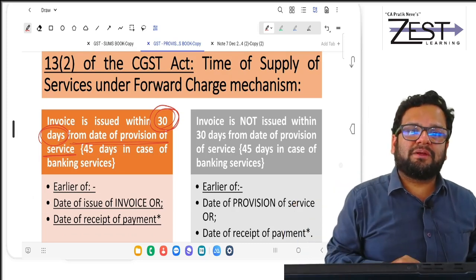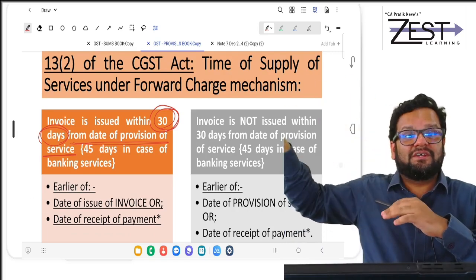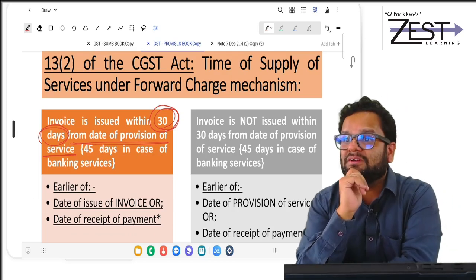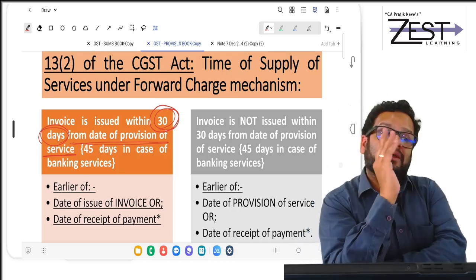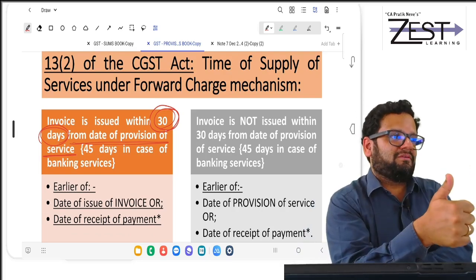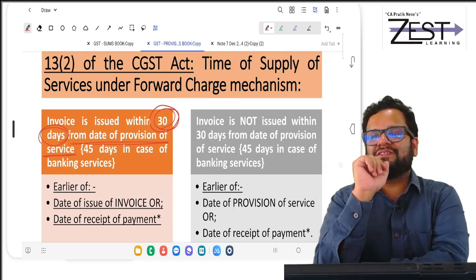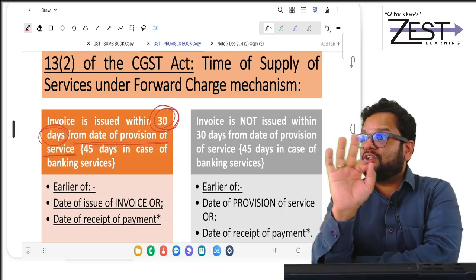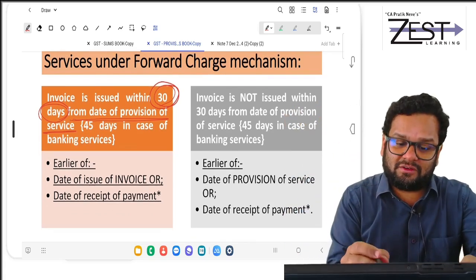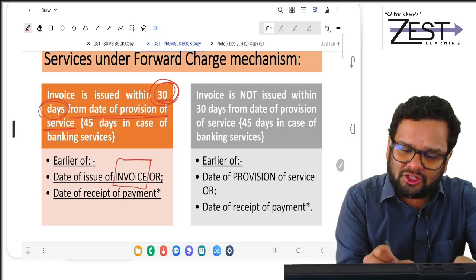So what is time of supply? Date of provision of service, if you don't make invoice within 30 days. If you make within 30 days, then government says good, you are abiding with the law. So time of supply will be date of invoice. Whichever case it is, if you make within 30 days, then date of issue of invoice.